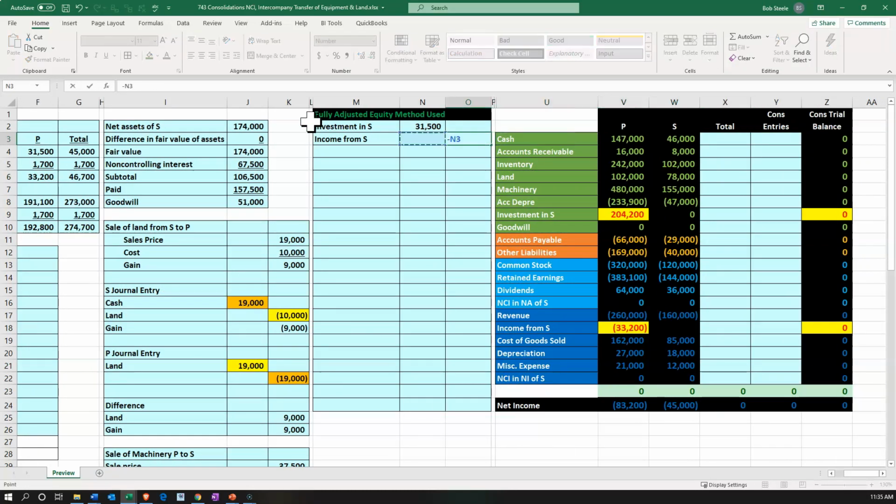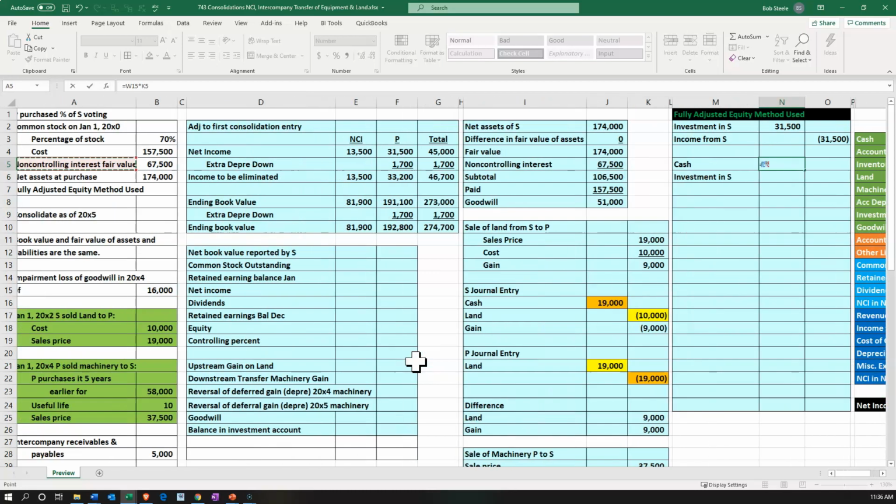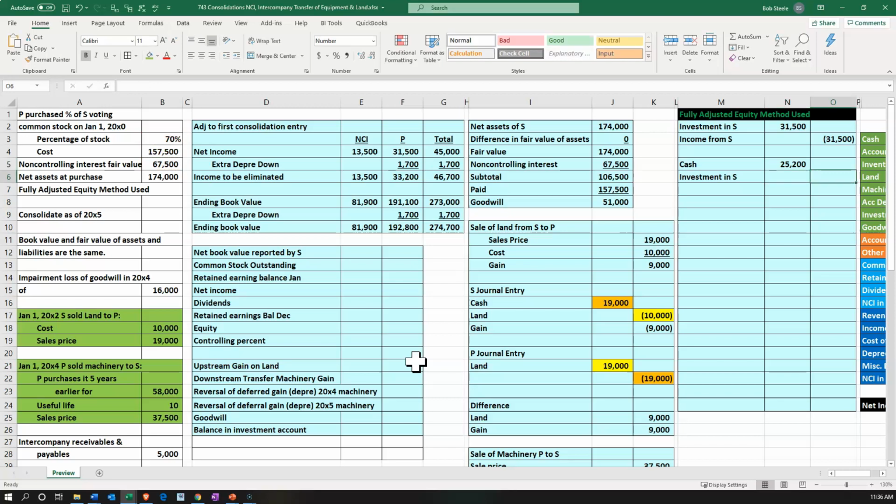Then we typically take our portion, or P's portion, of the dividends, 36,000. 70% of the 36,000 would then be cash would go to them, and the other side would be decreasing the investment account. So we would get this 36,000 normally times 70% of that.